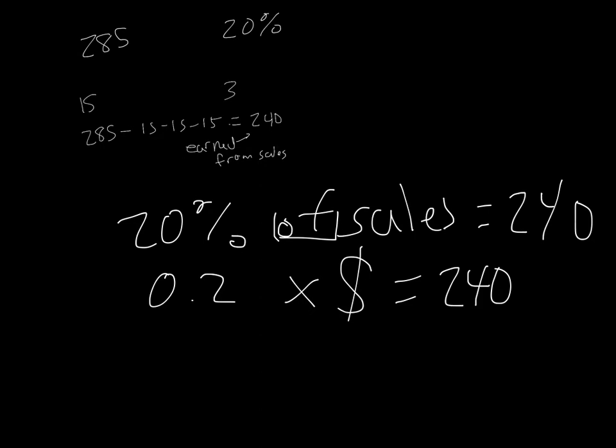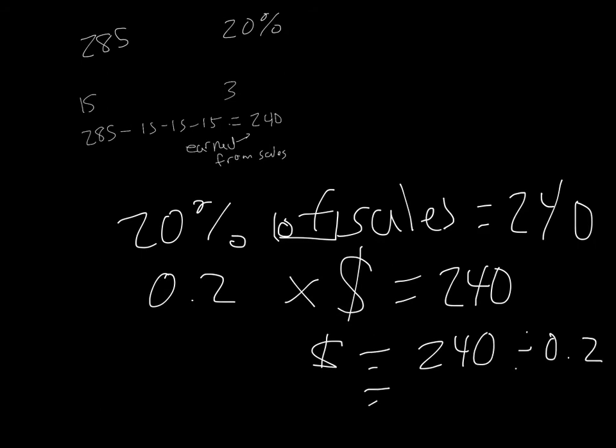So 20% of some number is 240. How do I get that number by itself? I divide. Right now it's multiplying, I need to undo that. So I'm going to divide both sides by 0.2. That's going to leave me with just S on this side and 240 divided by 0.2.